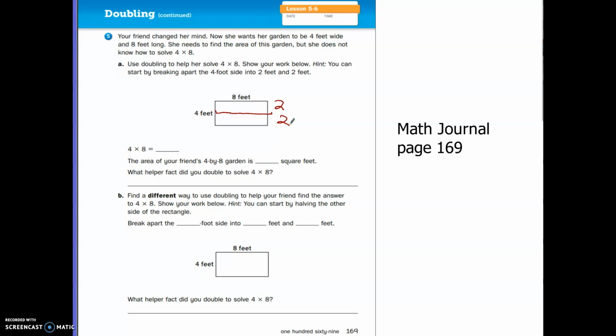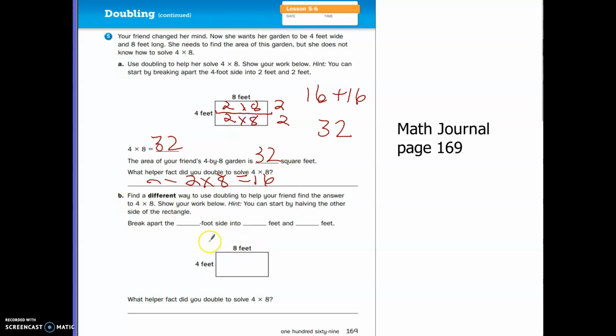So my helper fact that I'm going to use is 2 times 8 and 2 times 8 because I divided that 4 in half. So my helper fact is 2 times 8, which is 16. Okay. So then if I add 16 plus 16, I'm going to get 32. So 4 times 8 equals 32. And the area of your friend's garden is 32 square feet.